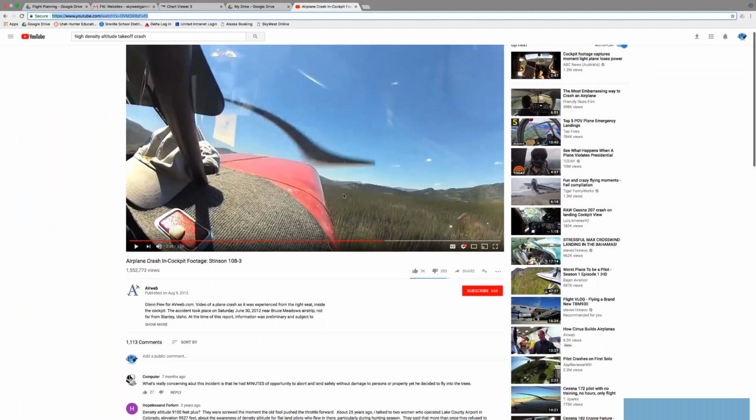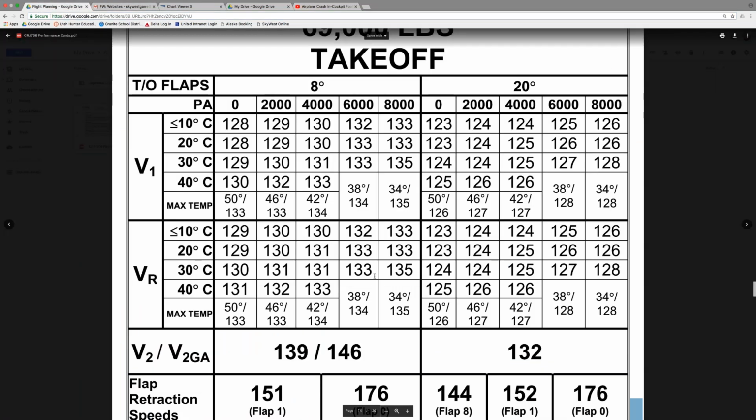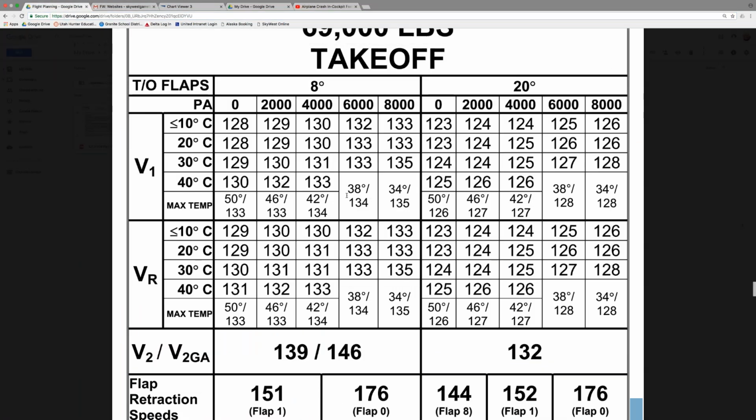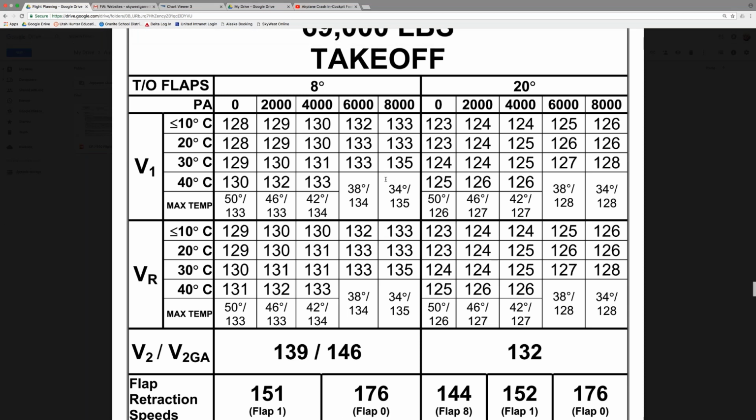So it's not very high up, but due to the high temperatures they get there, 115, 120 degrees on a regular basis, we get really high what's called density altitude. Basically, the air is not nearly as dense.